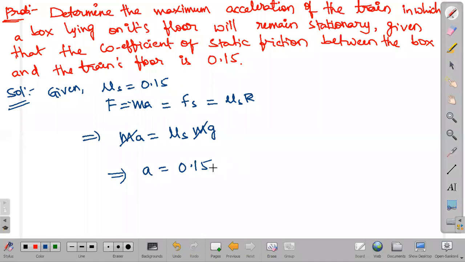And g, as it is not given in the question, I can take 10 meter per second square. So 0.15 into 10 becomes 1.5 meter per second square. This is a known value, acceleration due to gravity. Previously also we solved problems, so don't ask me how g has come. That is how we calculate the acceleration of the train.